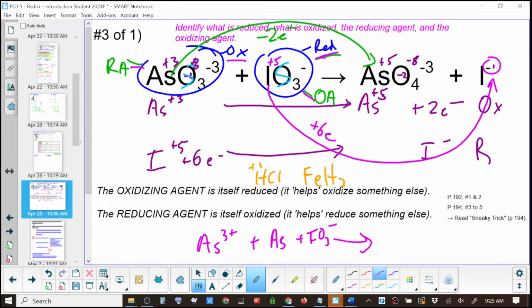Now, what's on the other side? One of these is not going to change.